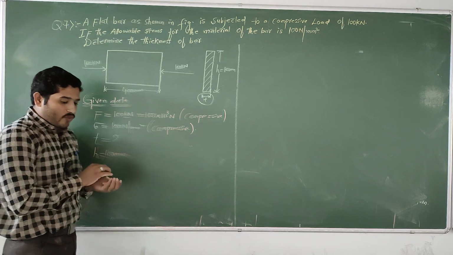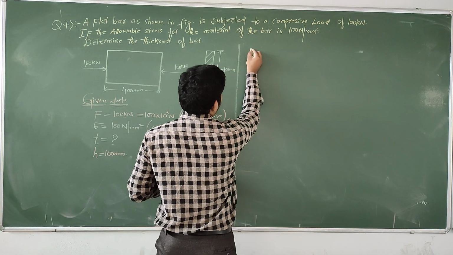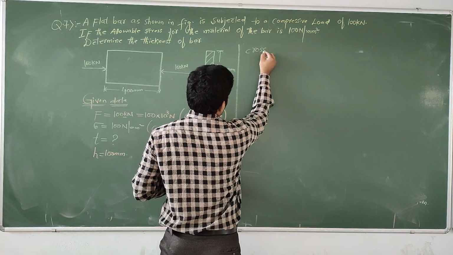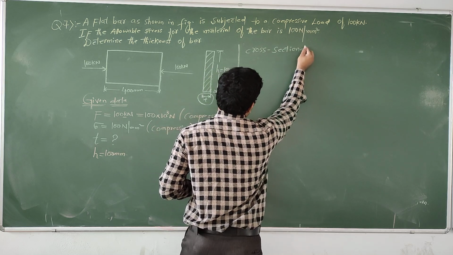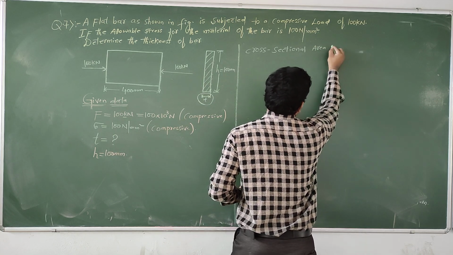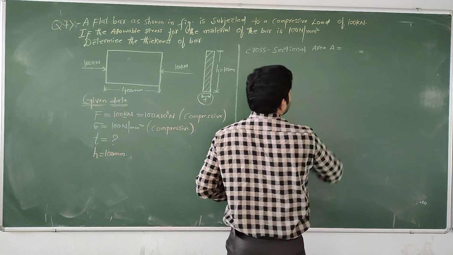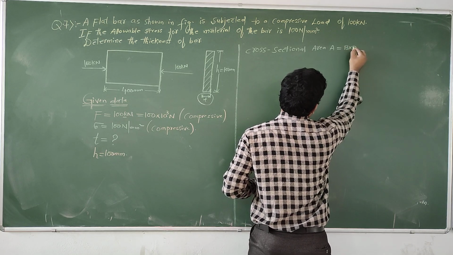Let's see. The first thing is we need to find out the cross-sectional area. So cross-sectional area, what is the formula here? Breadth into depth.